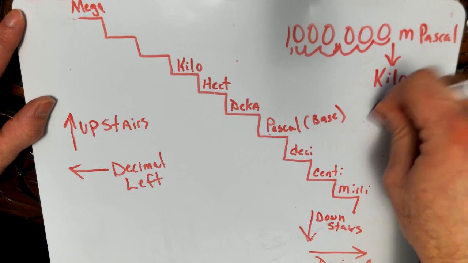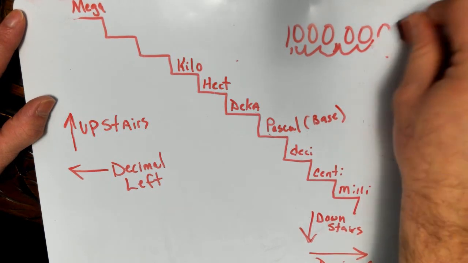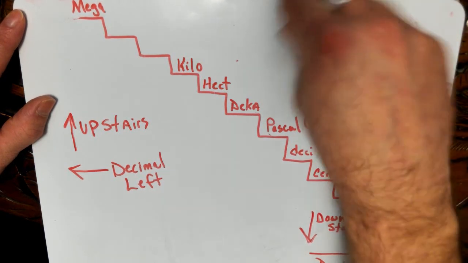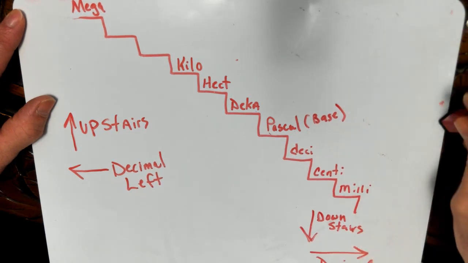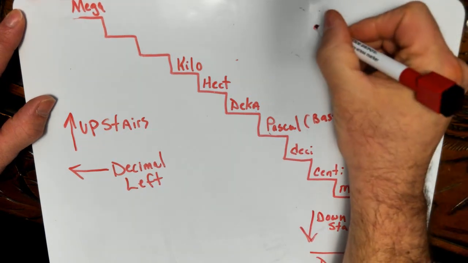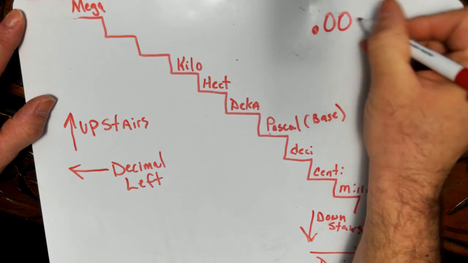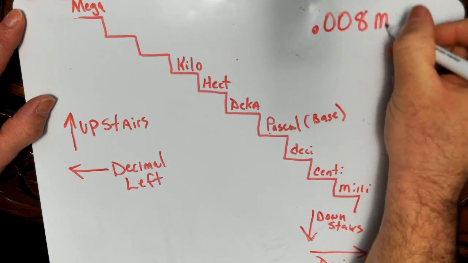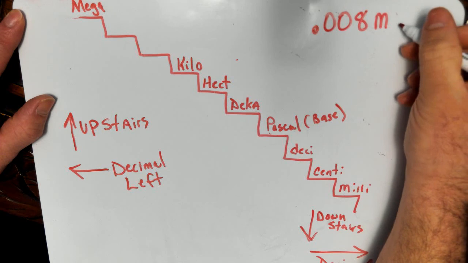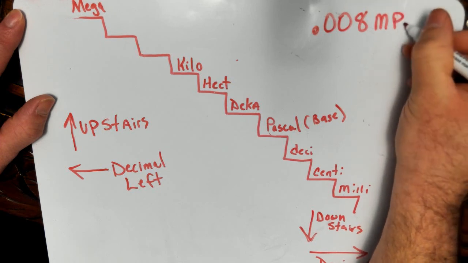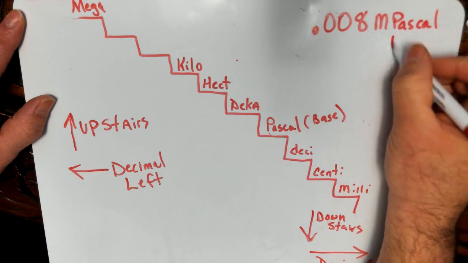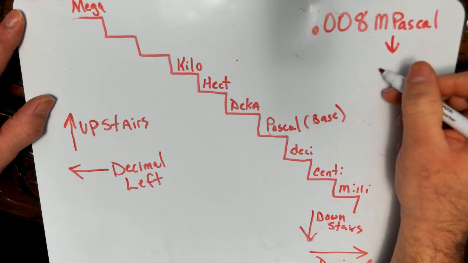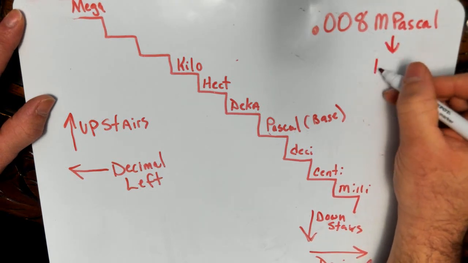Let's do a couple more here. Let's say, for instance, I have 0.008 mega, big M, megapascals, which is a standard unit, we'll see. I want to convert this to another standard unit of pascals and pressure, which is a kilo.